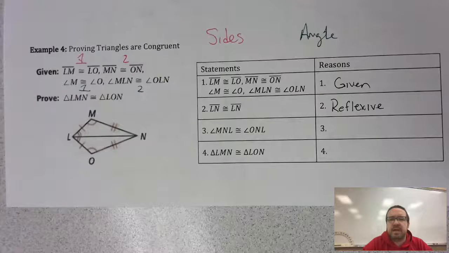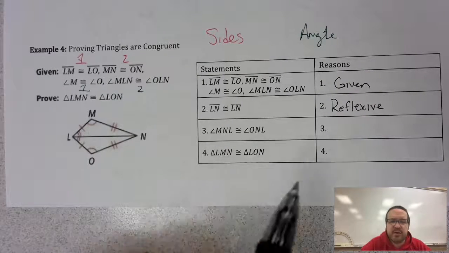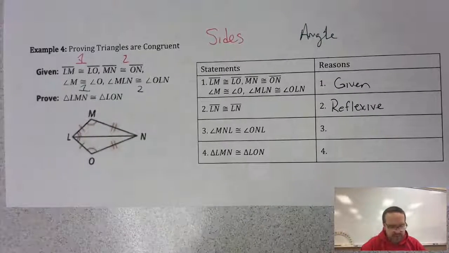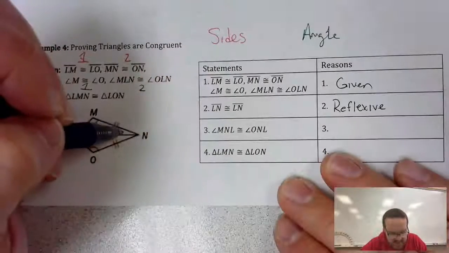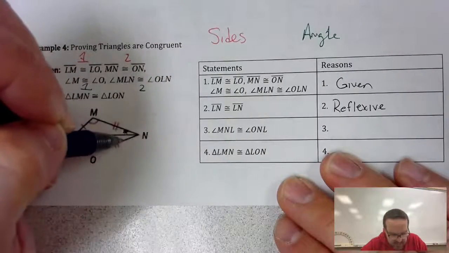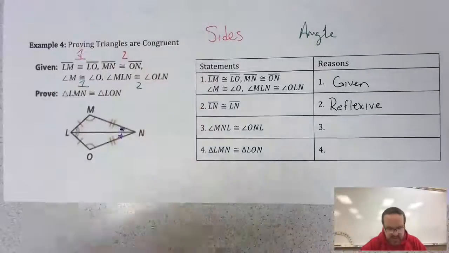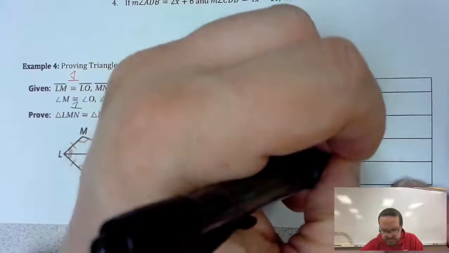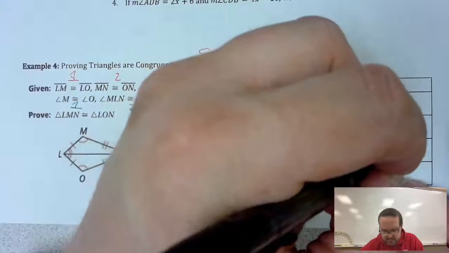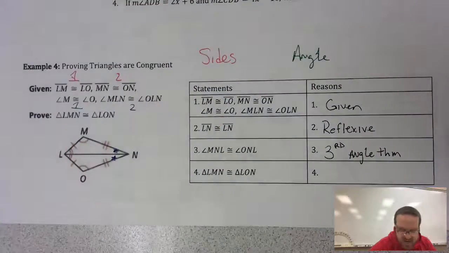These 2 angles are right here, M in L and O in L. That's just what was at the top of the paper. That is just called the third angles theorem. And then how do we know that these 2 triangles are congruent? I know that because all sides and all angles are congruent.